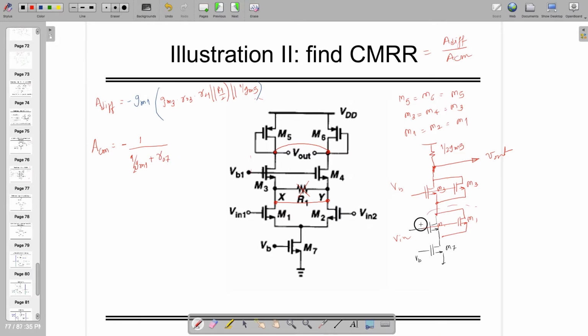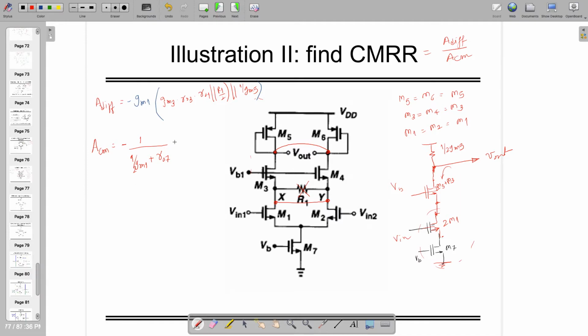Looking from here, that side, it's a source degeneration, so this is going to be there. And looking from this side, where it's changed by M3 plus M3 to M3, let's call this one also 2M1. So in that case, looking from here, it's a triple cascade, so you can write down this one starting from here.